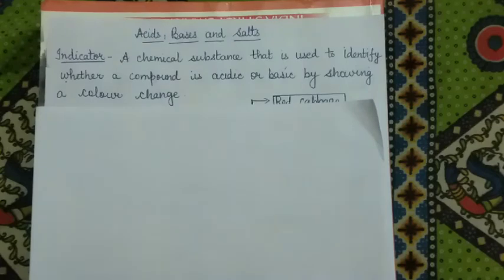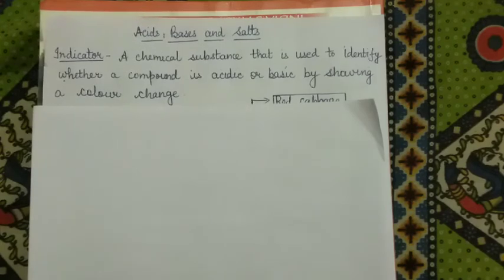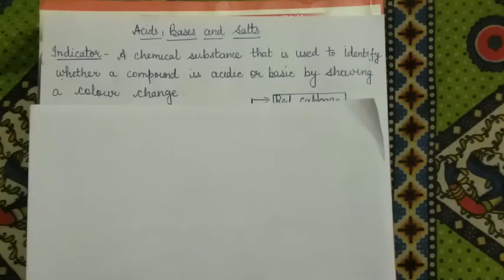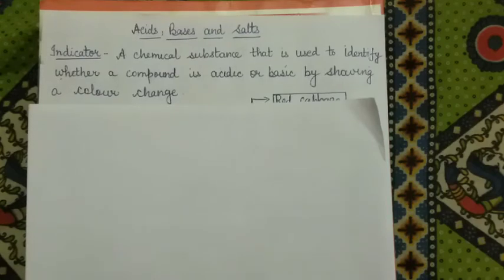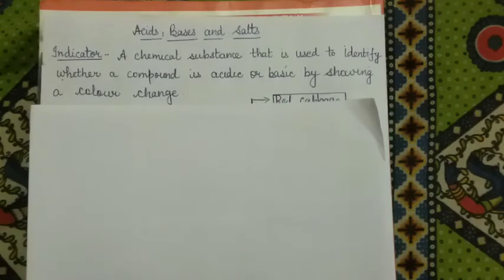That means when we add any indicator to a given compound that we want to test, its color changes, and by seeing the change in color we can identify whether the given compound is acid, base or salt.